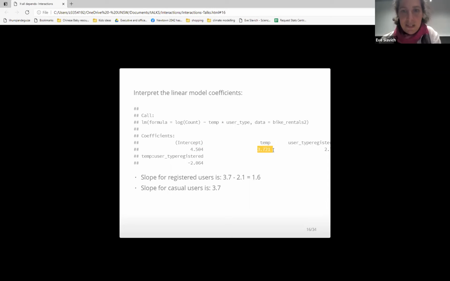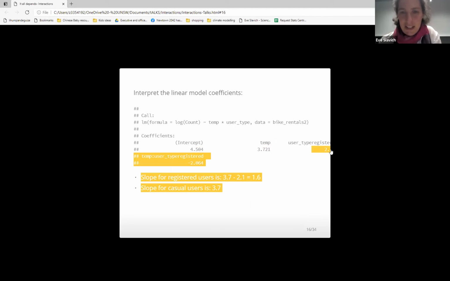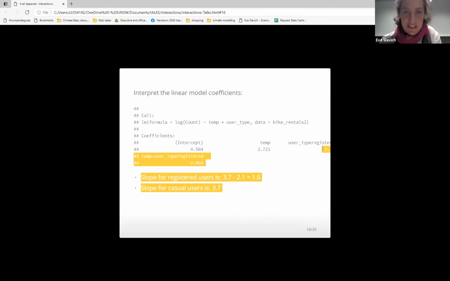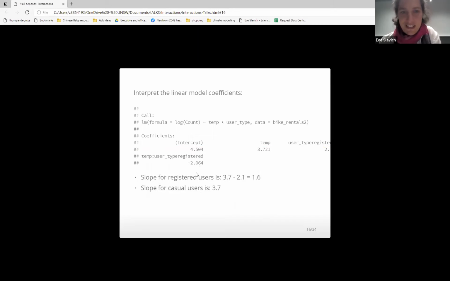So an intercept, a slope for temperature, a user type registered addition to the intercept for the registered users, and then this is the difference in slopes between the registered users and the casual users.